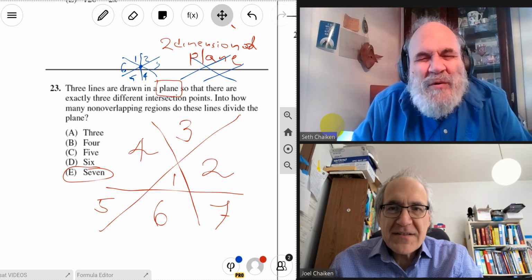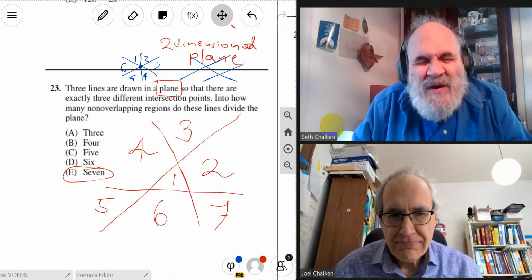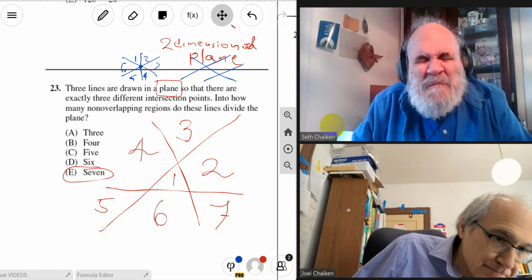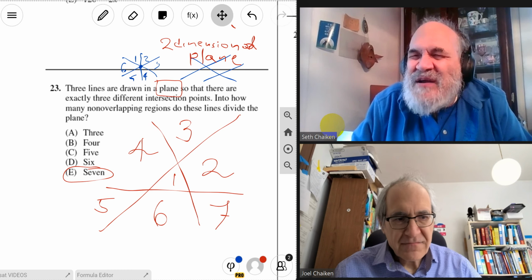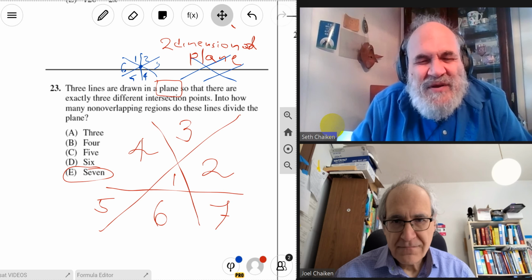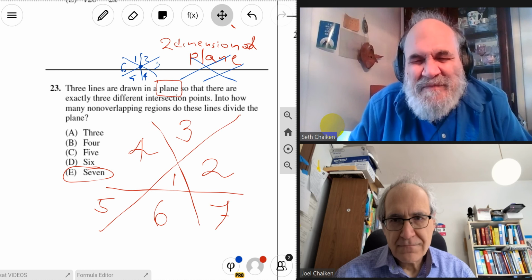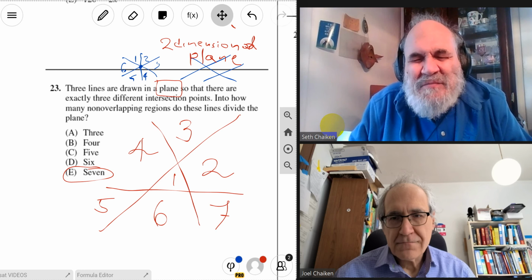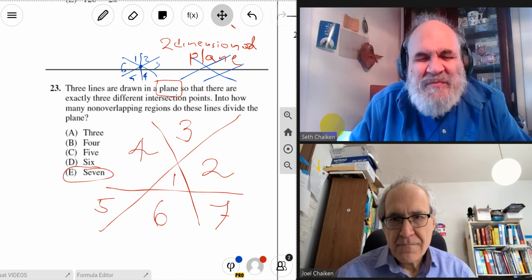Here is a much more sophisticated question. I don't want to embarrass myself because I can't figure out the answer that quickly. But a more sophisticated question would be to replace 3 by n and give a formula for the maximum number of different intersection points possible for n lines.